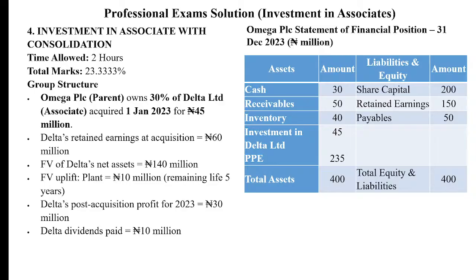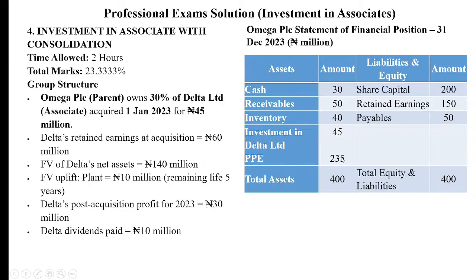So here I am presenting it, it's supposed to be vertical. So we have assets: cash, receivables, inventory, investment in Delta Limited, and PPE. Please take note of this PPE, so you will not think that it's part of investment in Delta. They're different. Investment in Delta is 45 million.